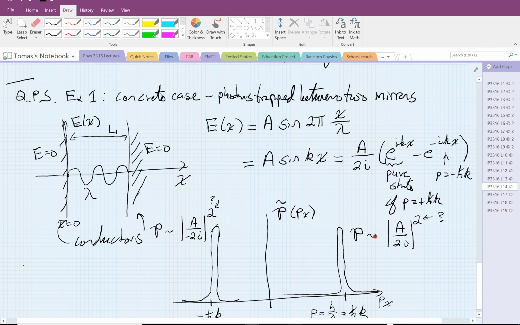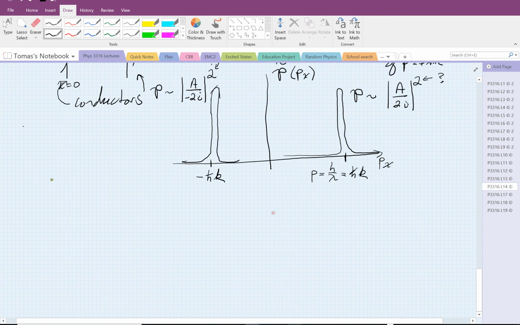So the two lessons that we learned out of this example are the following.